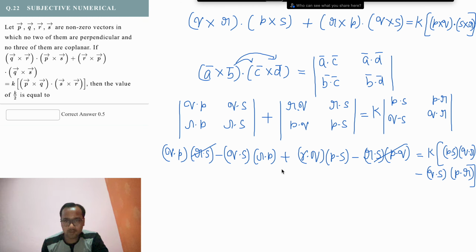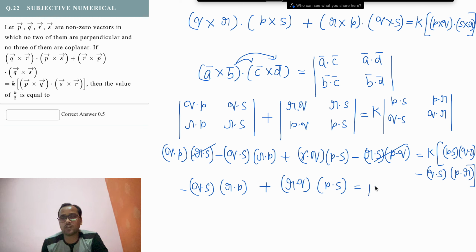So you see, this is minus (q dot s)(r dot p) plus (r dot q)(p dot s) equals k times (p dot s)(q dot r) minus (q dot s)(p dot r). Let me write this first. p dot r is nothing but r dot p, q dot r is r dot q, and p dot s is as it is.